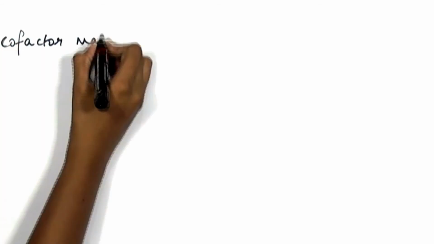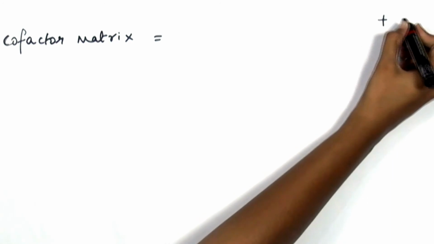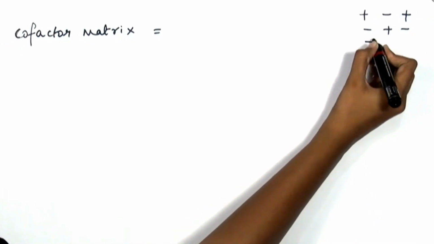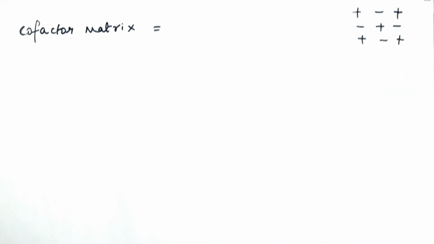So now that we have found A determinant, the next step is finding the cofactor matrix. For this, we'll be using the sign convention: plus, minus, plus, minus, plus, minus, plus, minus and plus. In order to find the cofactor of 5, we'll be eliminating this row and this column and evaluating the remaining terms.